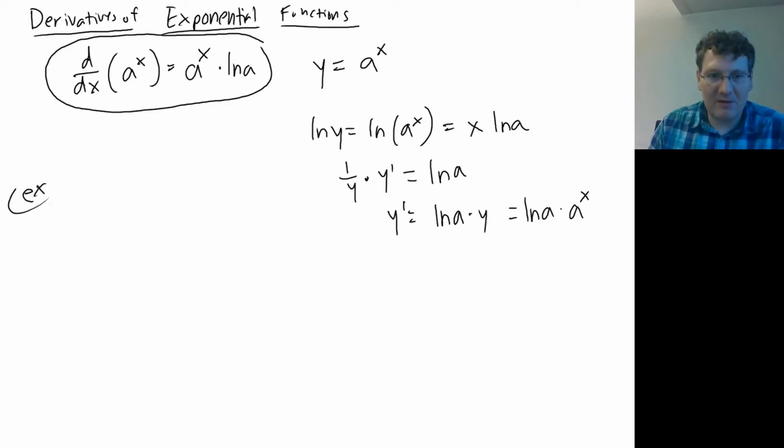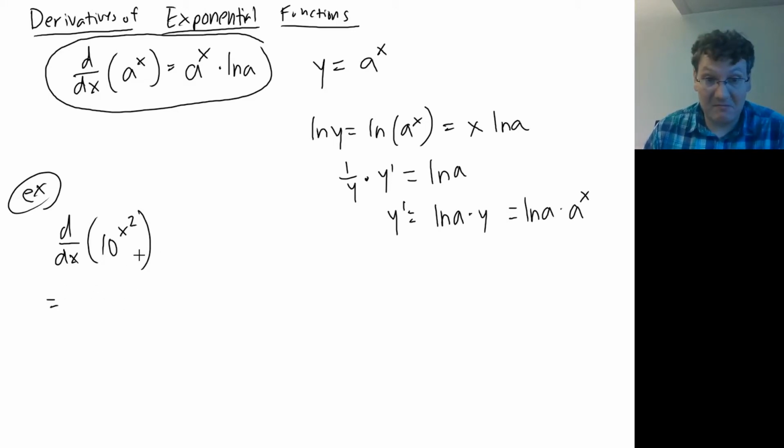So as an example, let's find the derivative of 10 to the x squared. This can be found by using this. The base is 10. Actually, let's do it a couple different ways.